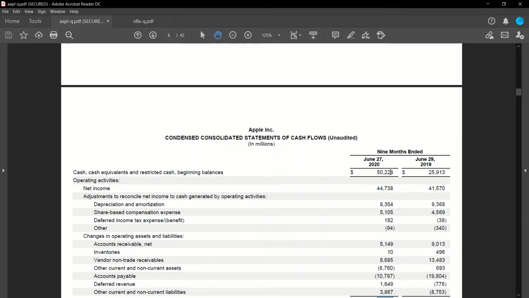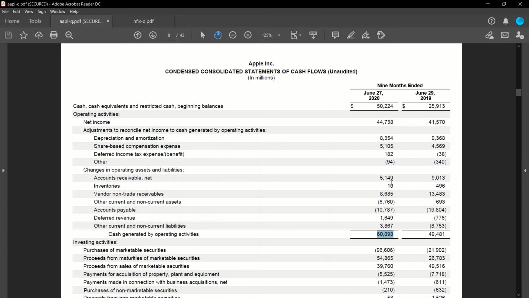It's for their fiscal year to date. Same thing here with Apple. The first section starts with operating activity, and we can see the cash generated by operating activities year to date of $60,098,000,000.